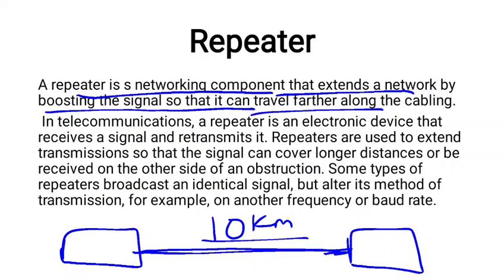Each and every conductor has some resistivity, so it will lose some of the signal. Say this is office A and this is office B. When I transfer information from office A, and the distance between the two offices is 10 km, the cable will lose some signals. So whenever office B receives the information, it will get a very low signal.